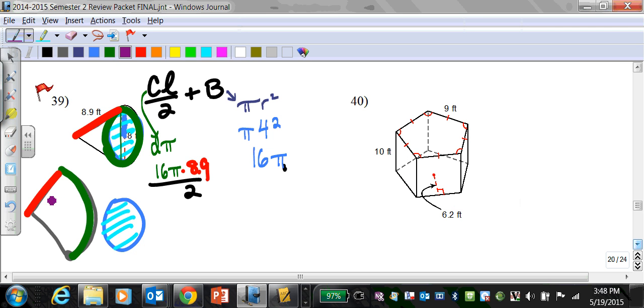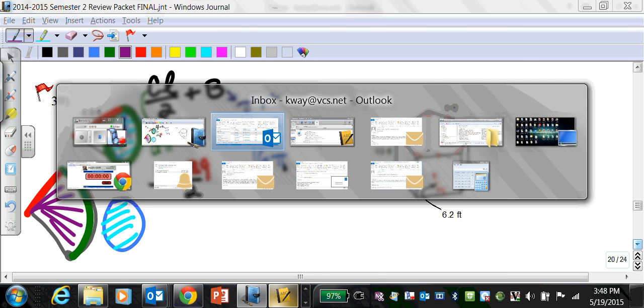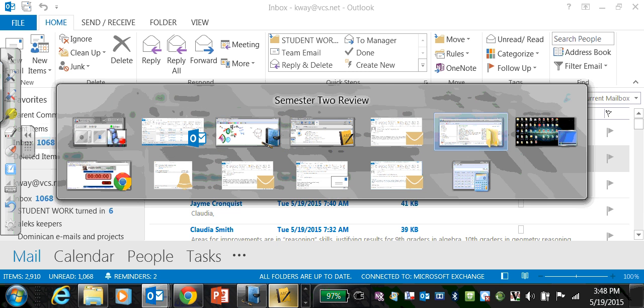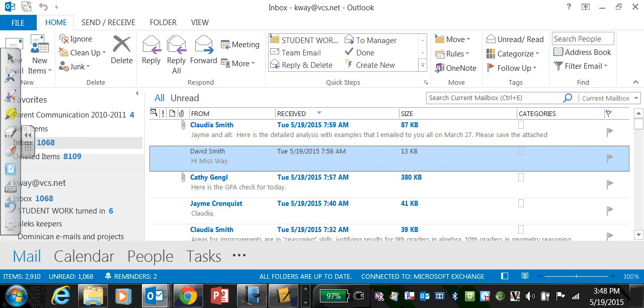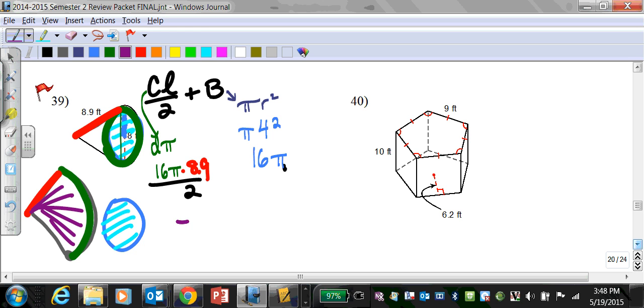So I get this whole area is going to be 71.2. This is 71.2 pi plus 16 pi.